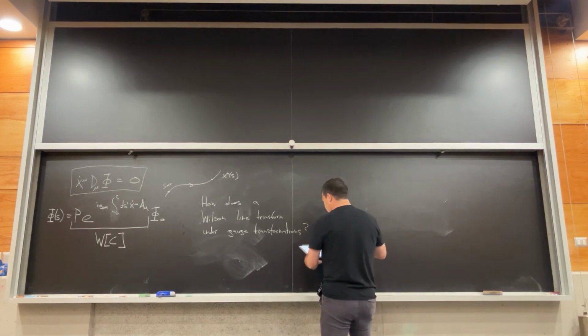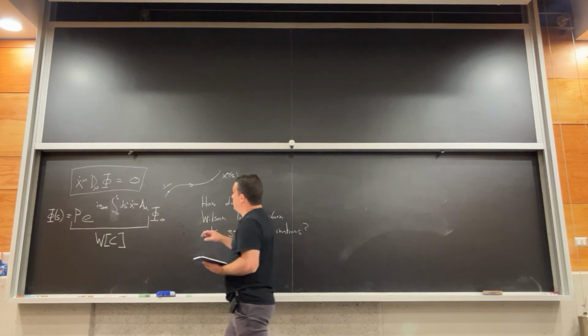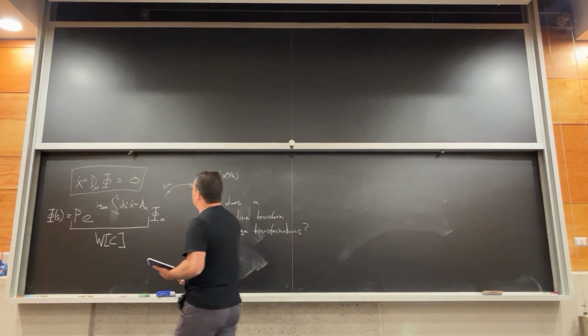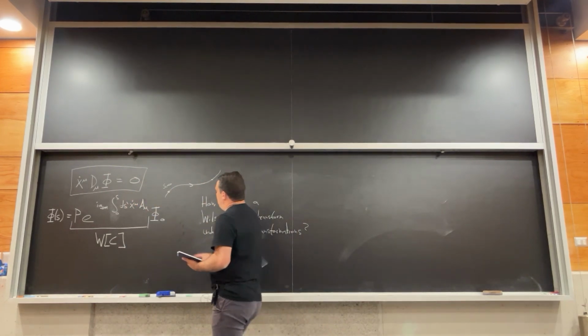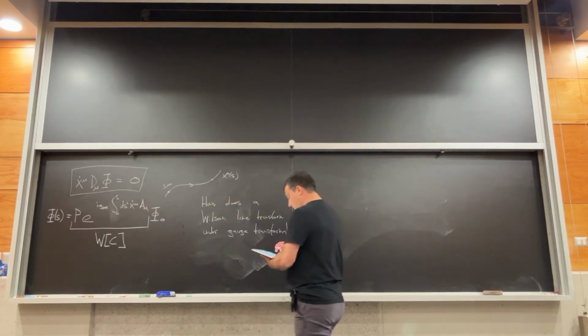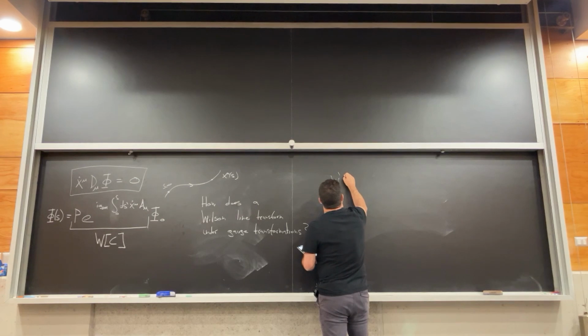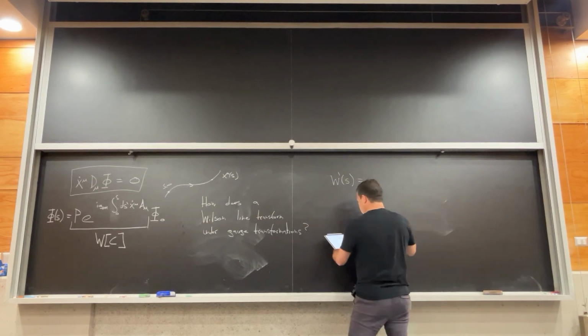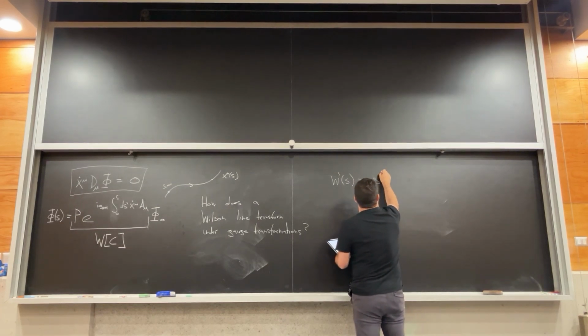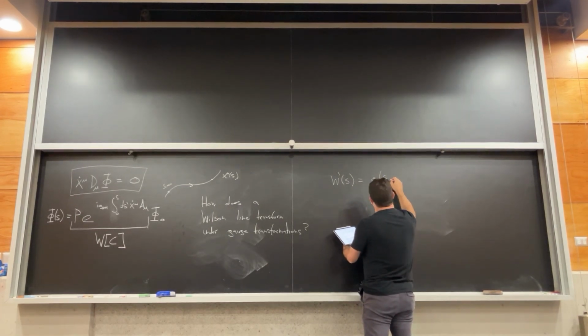So I will not show this, but remember, we know how the gauge field transforms. We know how the matter field transforms, and you can show that the transformed Wilson line will just be given by the group element of the gauge group.